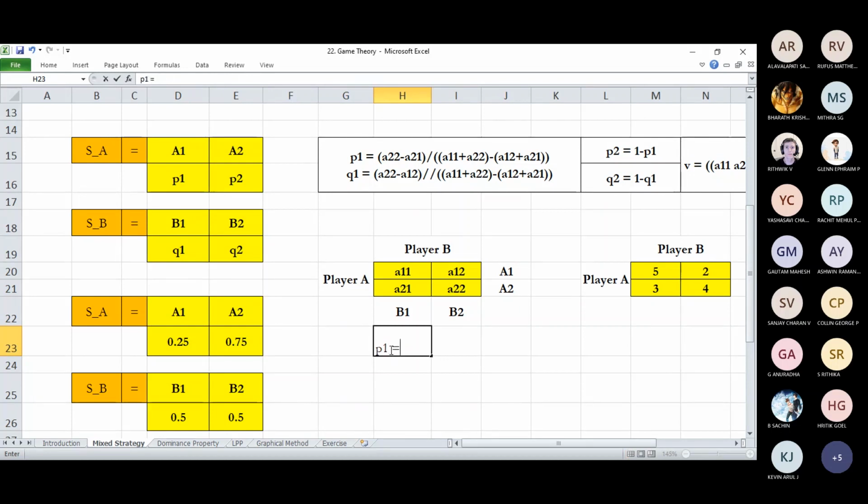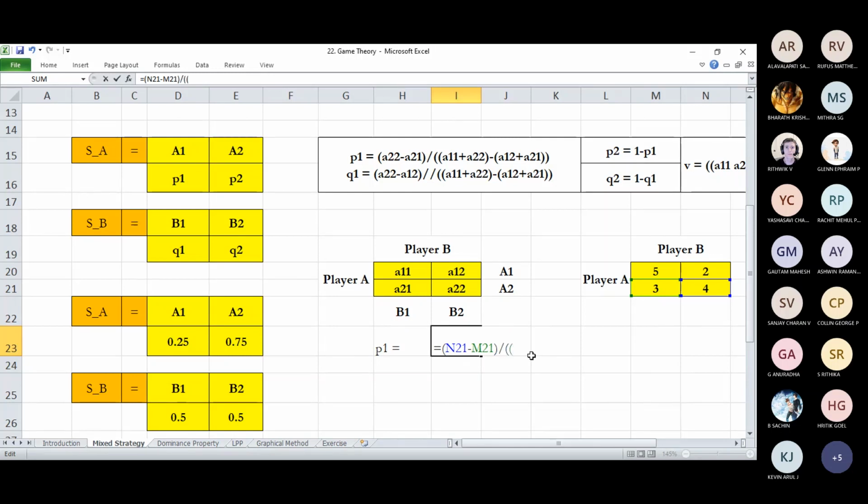P1 equals the formula A22 minus A21. This is the numerator, divided by the denominator.